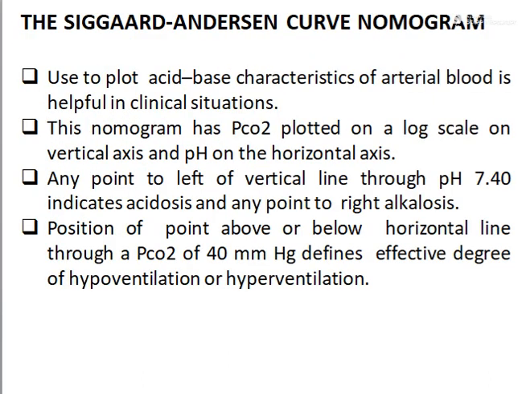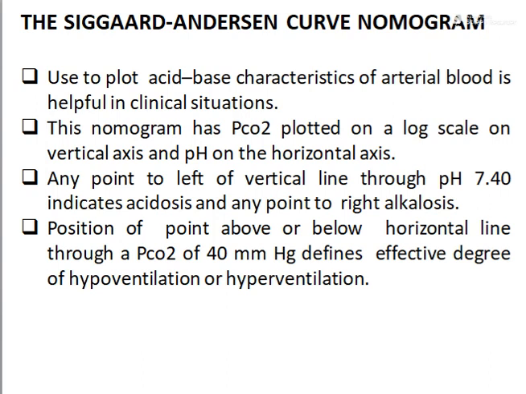What is the Siggaard-Andersen curve nomogram? It is used to plot the acid-base characteristics of arterial blood and it is helpful in clinical situations. This nomogram has PCO2 plotted on a log scale on the vertical axis and pH on the horizontal axis.